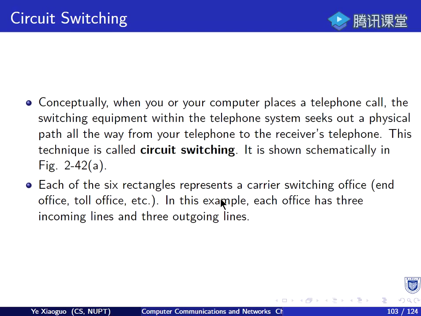Conceptually, when you place a telephone call, the switching equipment within the telephone system seeks out a physical path all the way from your telephone to the receiver's telephone. This technique is called circuit switching.